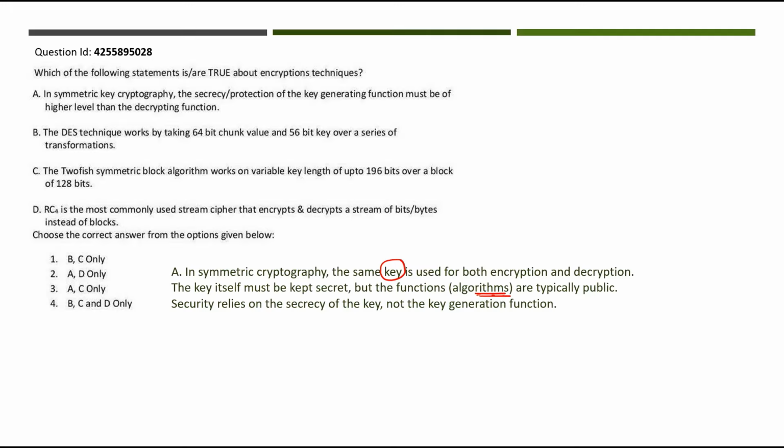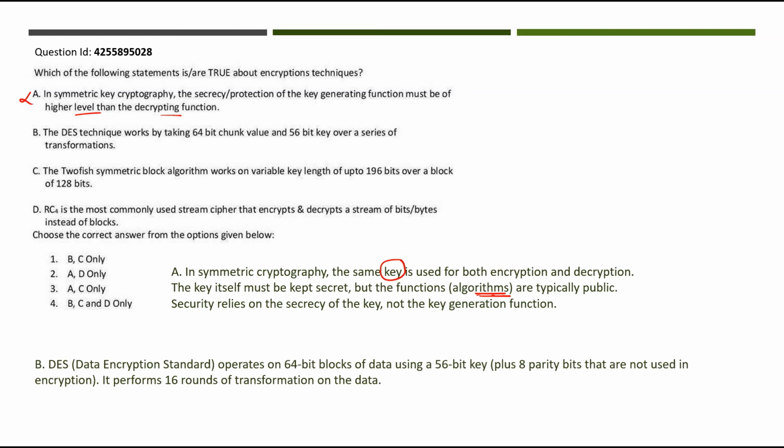Let's see statement A. In symmetric key cryptography, the secrecy or protection of the key generating function must be of higher level than the decrypting function. Since the same key is used for encryption and decryption, you cannot say it is of higher level than the decrypting function. So this statement is definitely wrong.